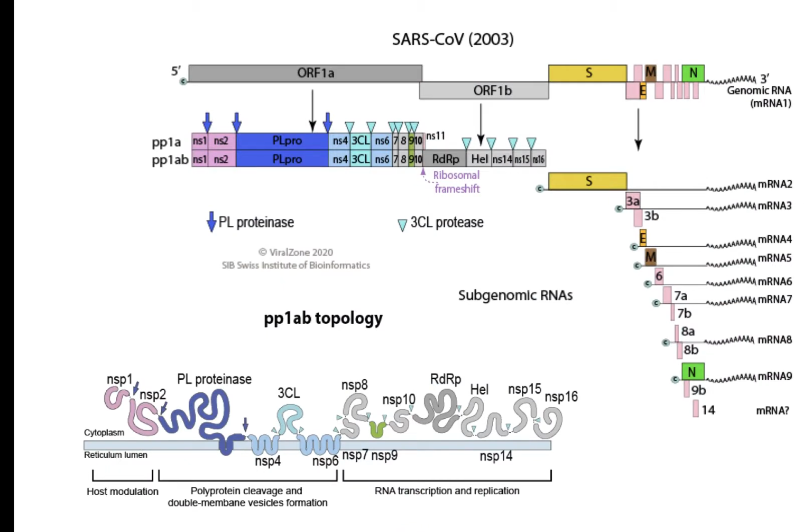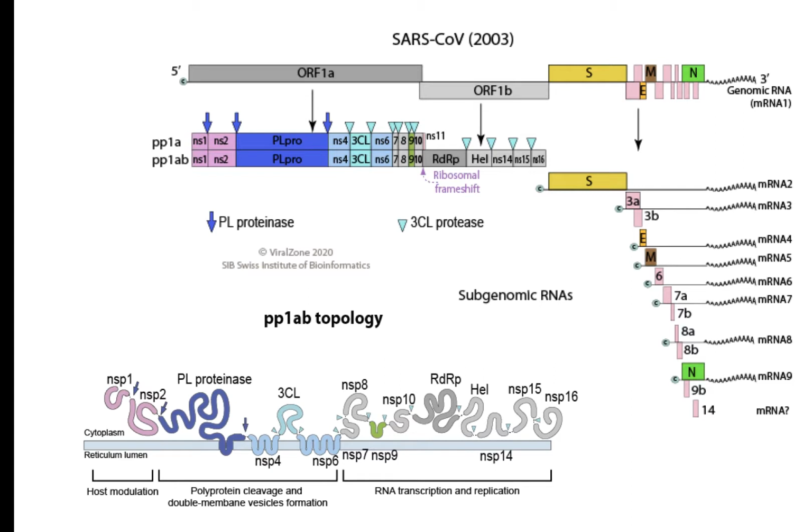So this diagram shows a bit more detail of ORF1a and ORF1b, as well as some of the other genes and proteins. The single protein that's made is a polyprotein that includes the first about 60% of the genome, and it makes different proteins, including a proteinase and proteins for transcription and replication, and the RDRP, that is the RNA-dependent RNA polymerase.